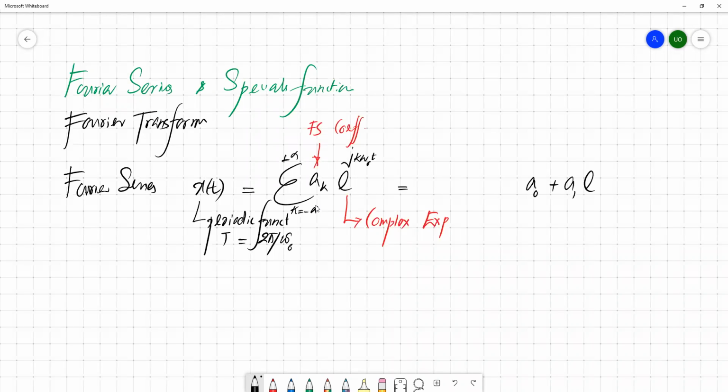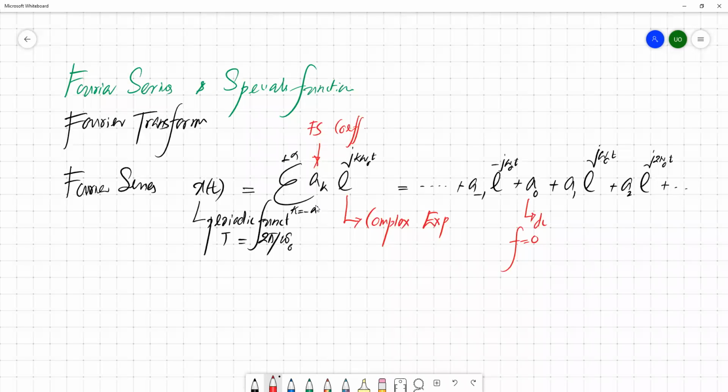If we expand this, we get this equation: A1 e to the power j omega naught t, A2 e to the power j 2 omega naught t, and A minus 1 e to the power minus j omega naught t. So this is the DC component, the component at frequency 0.